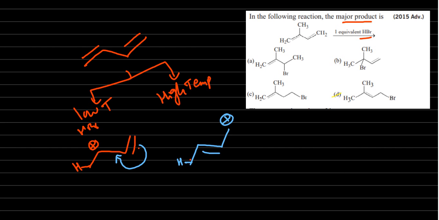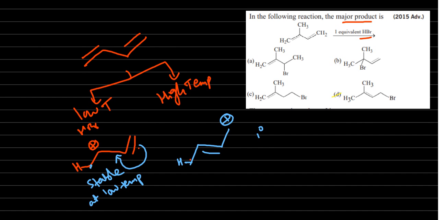Now, which structure is more stable? Which carbocation is more stable? Here only CH2 plus. It is primary, of course allyl. But here allyl plus one more methyl group is there. Which is more stable? This is the stable one. Okay, the stable one will form at low temperature.